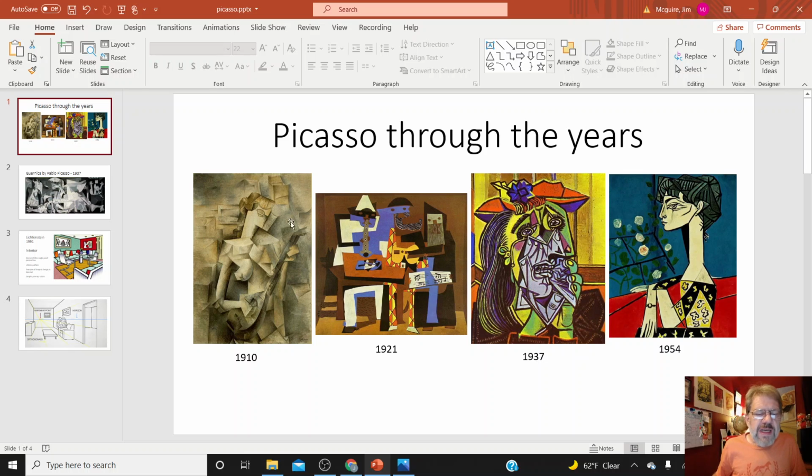We see that Picasso, as early as the early 1900s, was working in this Cubist style. He and Duchamp and other artists were beginning to explore the idea of looking at their subject matter from multiple angles, deconstructing, breaking down, segmenting the things that they looked at, and showing them in a different way that we hadn't seen before.